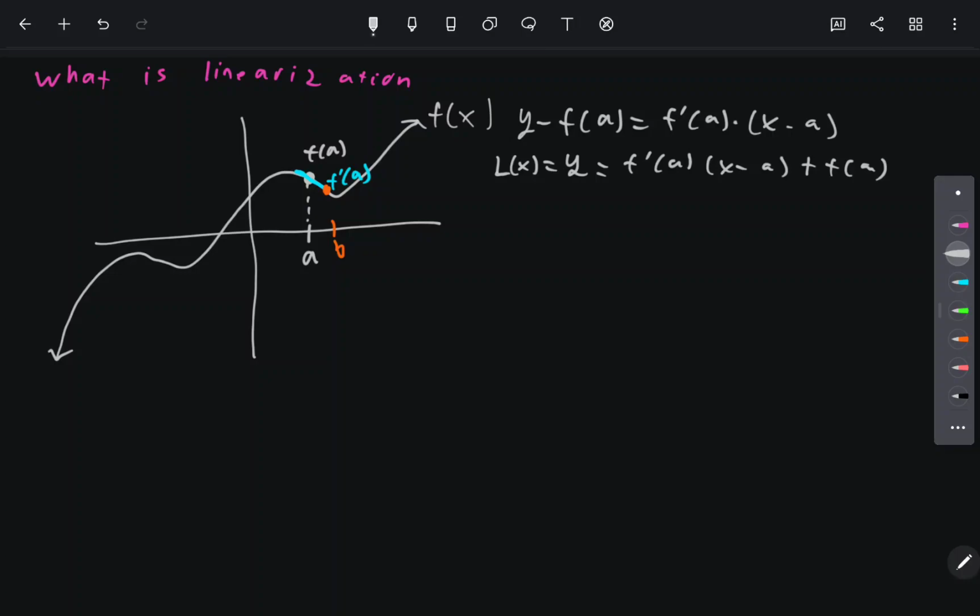So now if we want to evaluate this at point b, all we have to do is plug in b to our linearization here, and we still have this f prime of a. This becomes b minus a plus f of a. And then we can just evaluate it, and that will give us our approximation of the function.